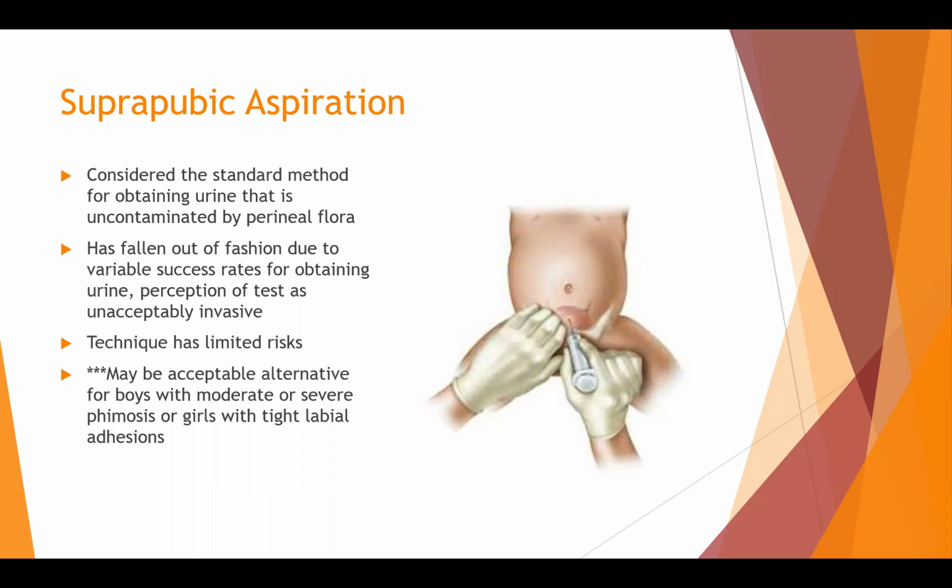But when you have kids with severe phimosis or girls with tight labial adhesions, this may be your only option. I wanted to mention it because anytime the guidelines talk about cathing, they mention this, but it's often something that we do not do.